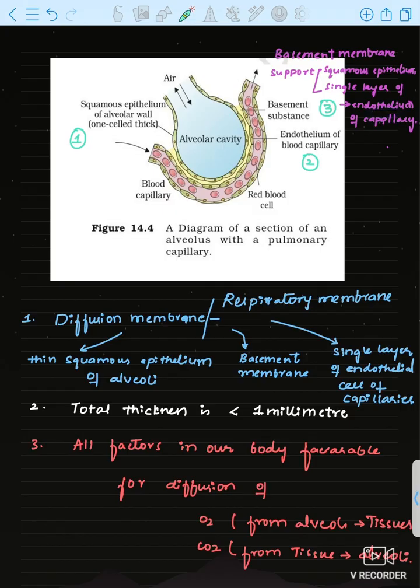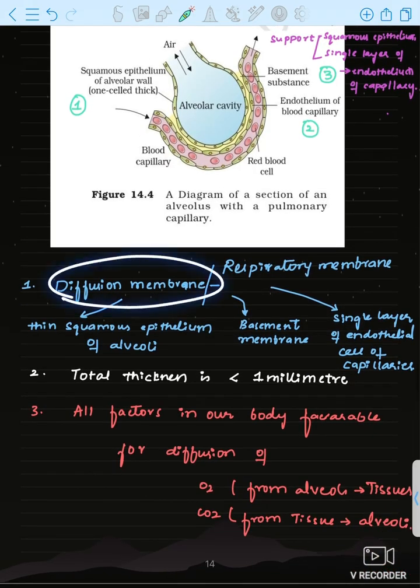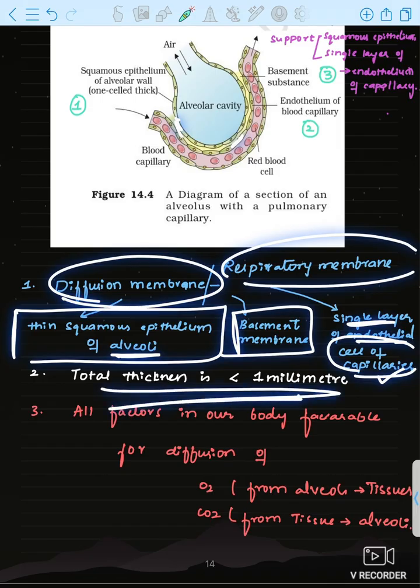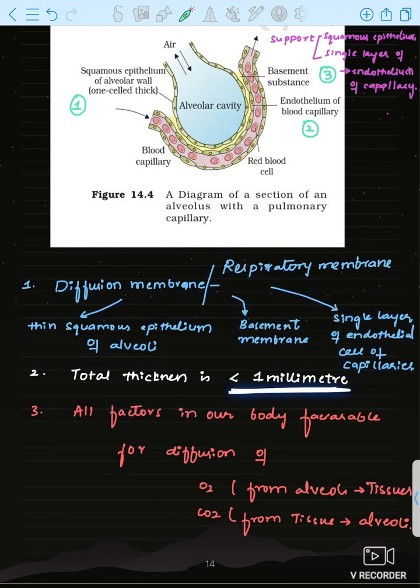So the diffusion membrane or respiratory membrane has the thin squamous epithelium of alveoli, the basement membrane and the single layer of cells of the capillary. Both are single layer only. The total thickness of this diffusion membrane is less than 1 millimeter.